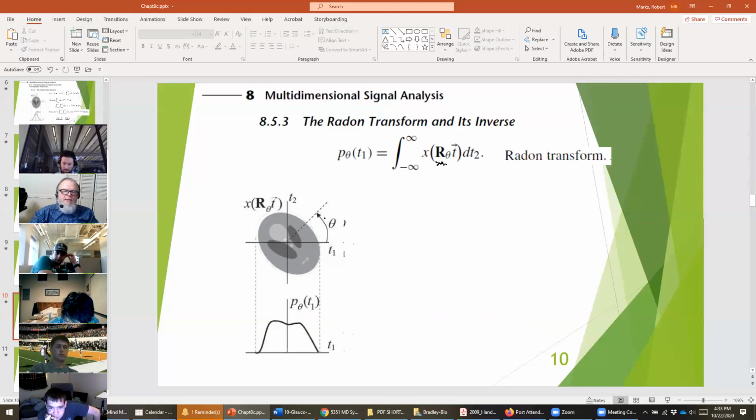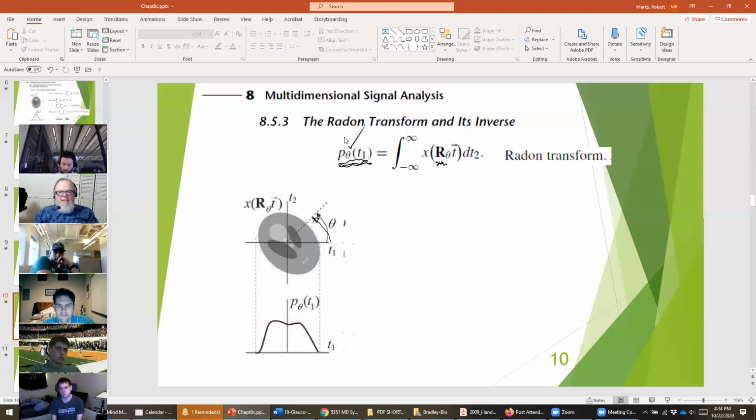So here we're rotating the Shepp-Logan phantom by an angle of theta, and every time you change theta, you're going to change the projection. So you're going to get a family of curves that are a function of theta. Is that okay? This is called P sub theta of T1. You're going to get different projections depending on what theta is.